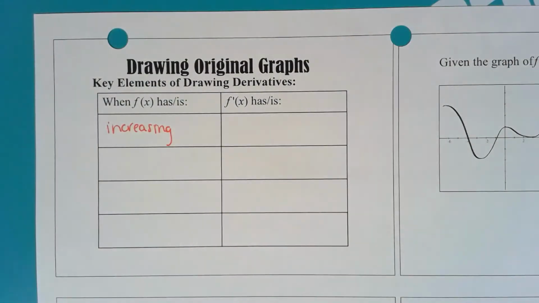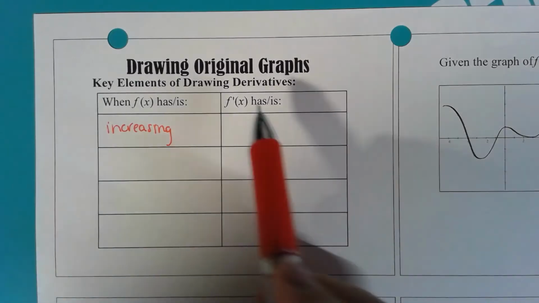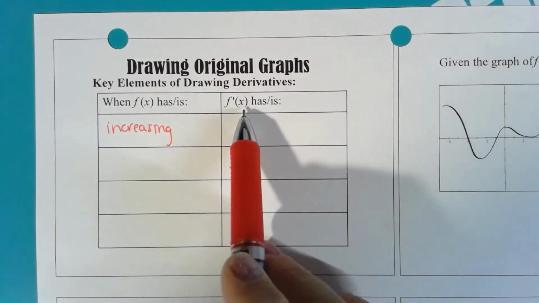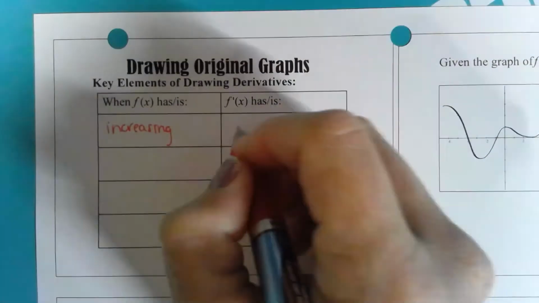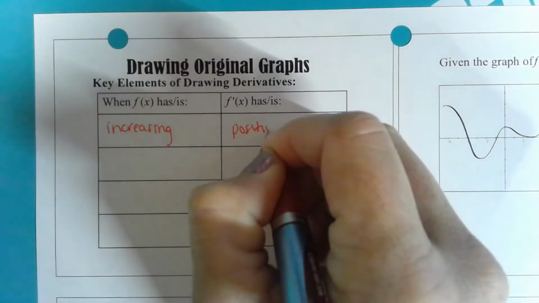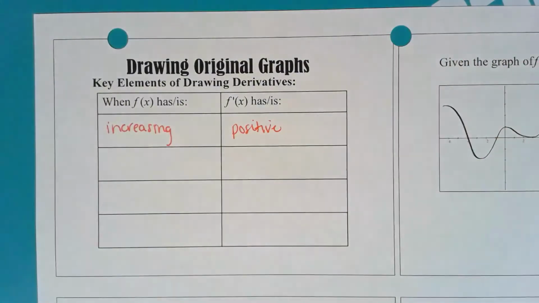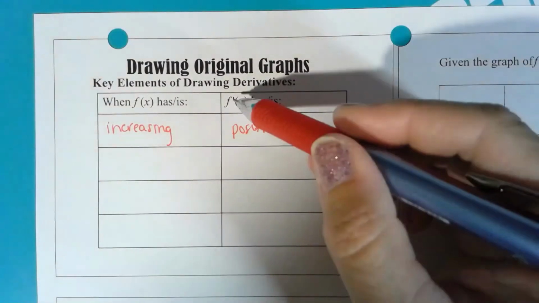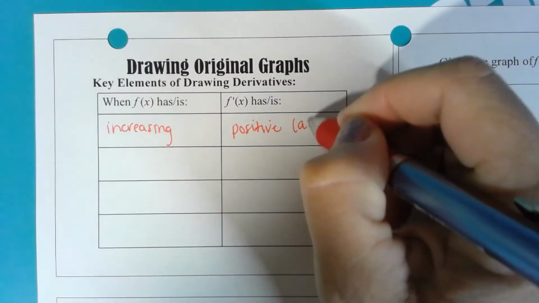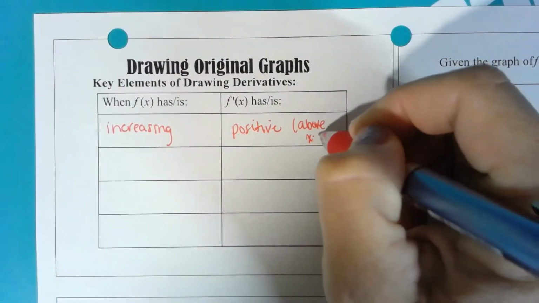When a graph is increasing, what can we say about its slope? We can say the slope is always positive. If a graph is going uphill, its tangent line is going uphill. For a function to be positive, that means it's above the x-axis.